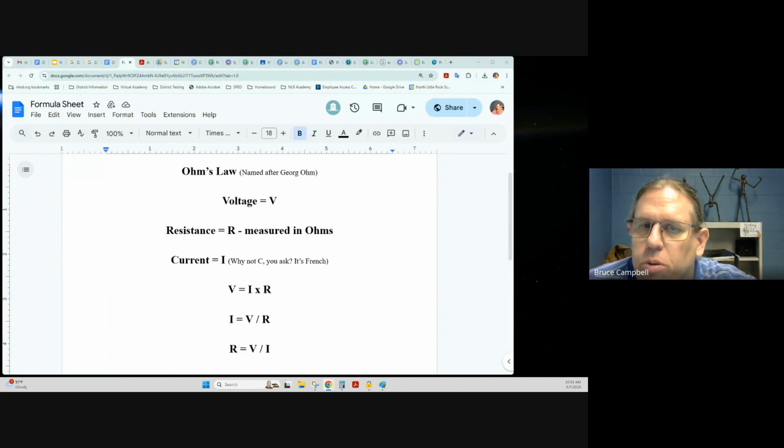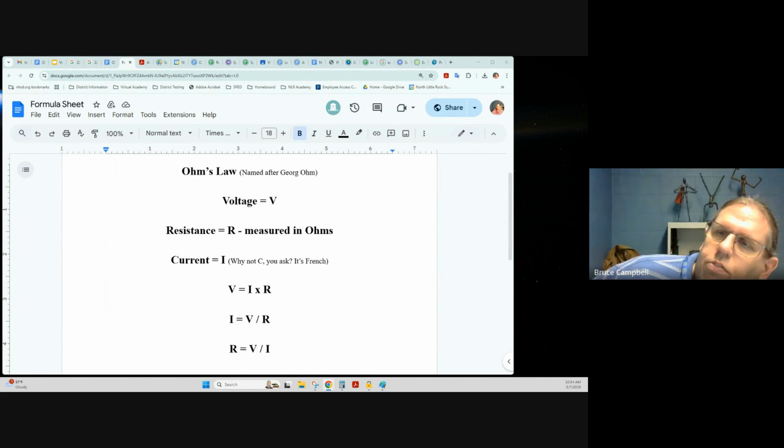Current is represented by I. And you're going to ask, well, Mr. Campbell, why is it not C? Because C is the first part of current, right? Because it was a French person who put this together and they used their French symbols. Go figure, right?